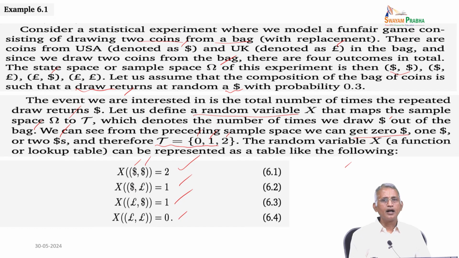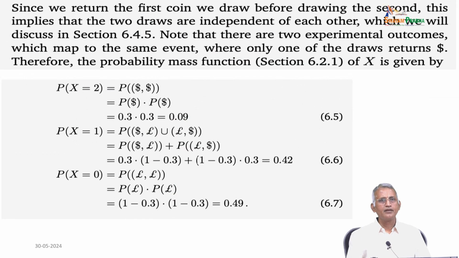So, according to your expectation, we have to design the random variable, so that you can understand how the random variable is generated. Now, we return the first coin we draw before drawing the second.